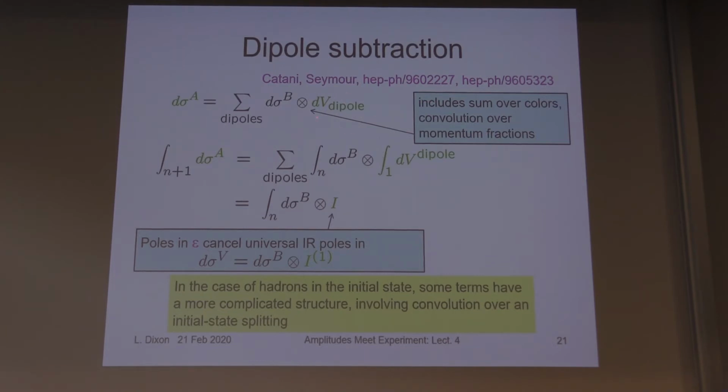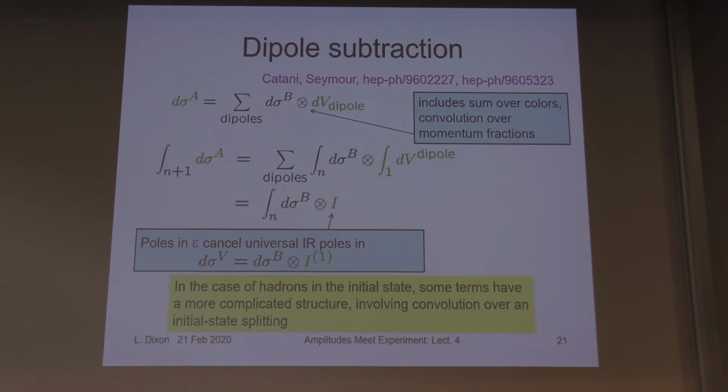And there can be a very large sum of dipoles for complicated processes, because you sort of have n choose 2 different pairs of partons. And we'll see you also need to introduce spectator partons as well in order to handle momentum conservation issues. So then this sum here has a sum over colors.